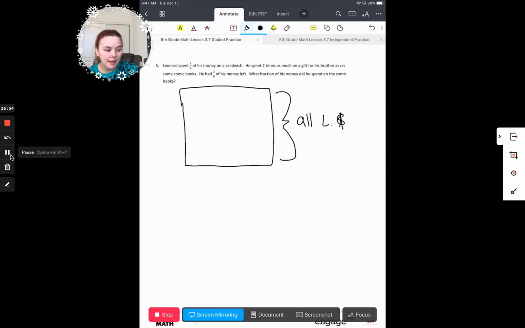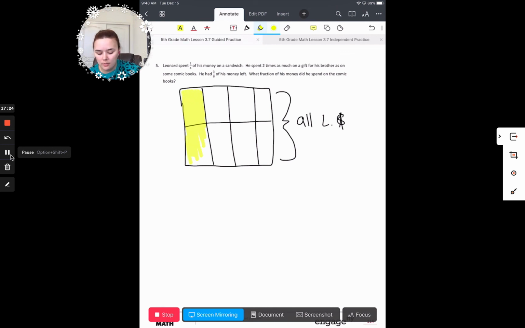So I am going to go ahead and divide in half. And then I'll divide into fourths going this way. So now I have my eighths. So he spent 1/4 of his money on a sandwich. So 1/4 would be like one whole piece of it going this way.